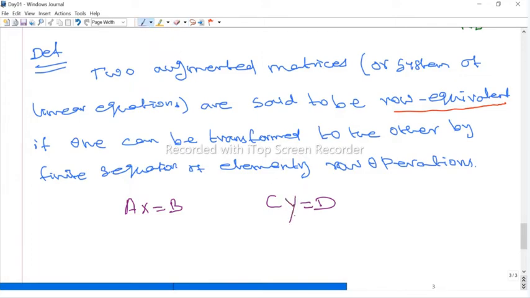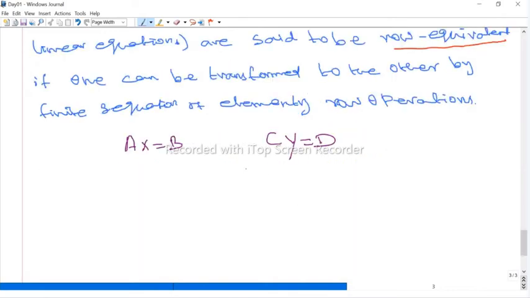When we say these two systems are equivalent, we usually use a notation for it: this system is equivalent to this system.